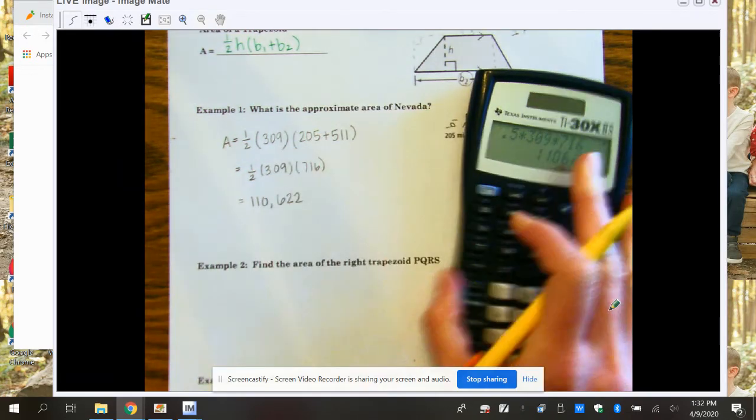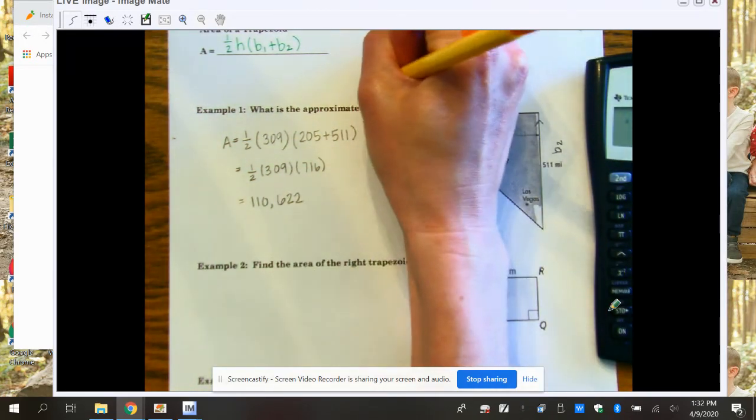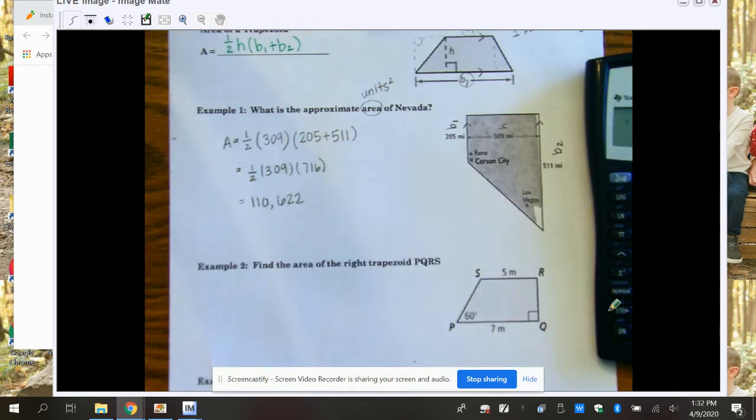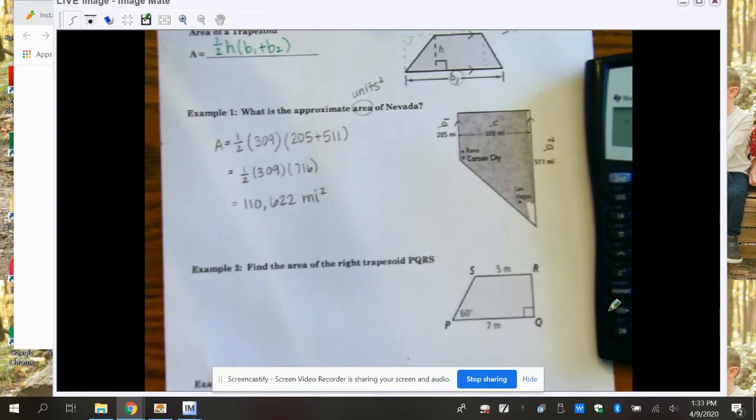And remember, anytime you're finding area, you're always going to be in whatever units you're in, squared, because we're always multiplying feet times inches times inches, etc. So this would be square miles.